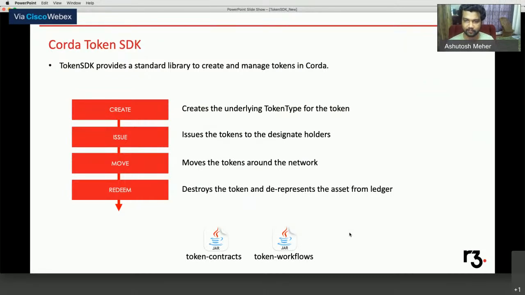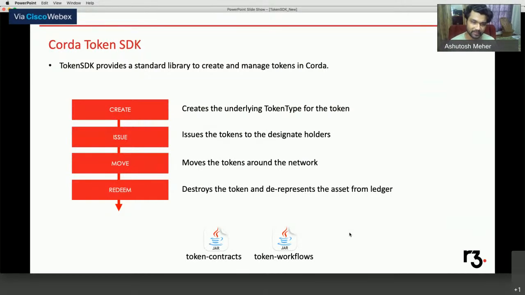Like let's say a coin which you basically issue on the Corda ledger, and an off ledger asset which is a house somewhere in Mumbai, and you have digitized it by issuing tokens for this house. That house doesn't really exist on the ledger, it's an off ledger house, but the tokens actually exist on the ledger. That's where we say on ledger and off ledger assets. So the point to understand here is that create is actually creating the token type rather than the token.